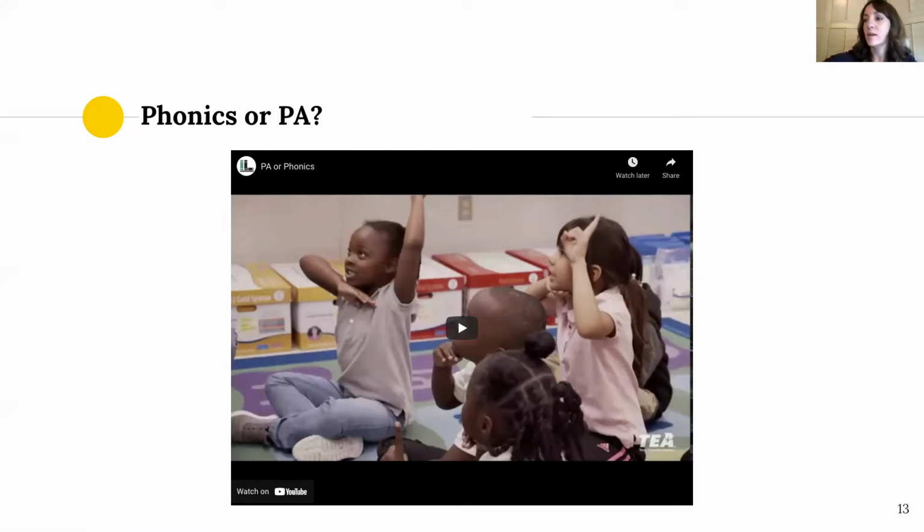Sometimes they use manipulatives, like maybe some hand signals, or I like to use these little magnet tiles to stand for my sounds instead of a letter. But as long as there's not a letter, it can be PA. So let's look at this, and I want you to consider each one and decide, is it phonics or phonological awareness?